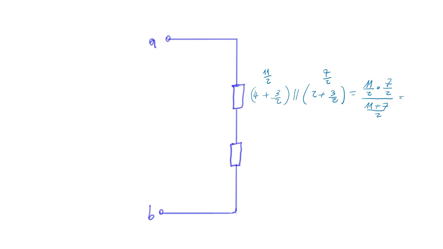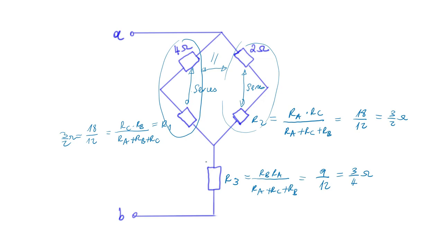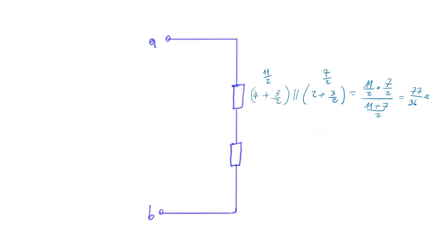And so if I add everything, I get 77 over 2 times 2 over 18, that's 77 over 36 ohms. And this other resistance is just the R3, which stays as is, so this is 3 over 4 ohms.